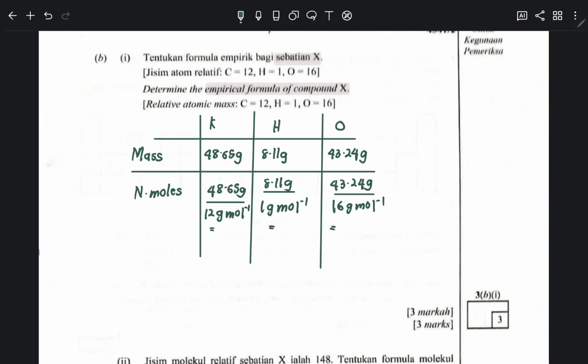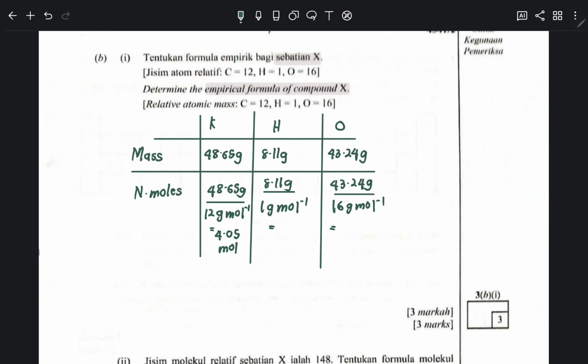So at this particular moment, you kena berhati-hati. Ramai yang careless because dia bukan tak tahu nak press calculator, dia gelabah. So tak payah nak gelabah, just press correctly. Faham tak? So for the first one, when I press calculator, I got 4.05 mole.